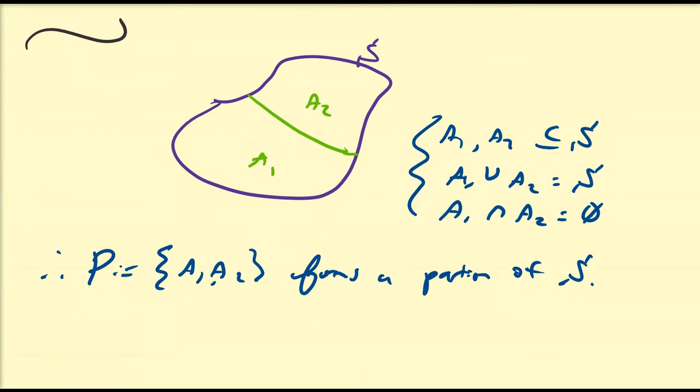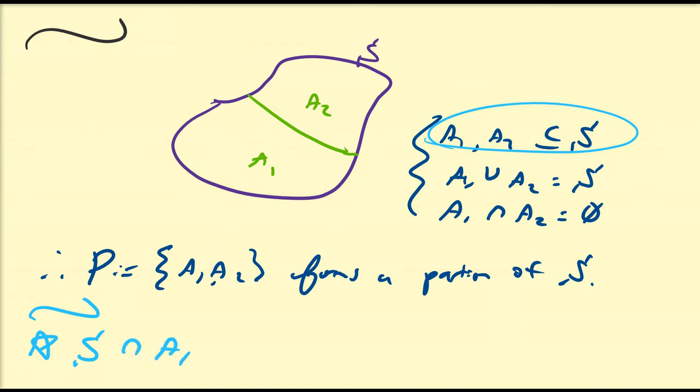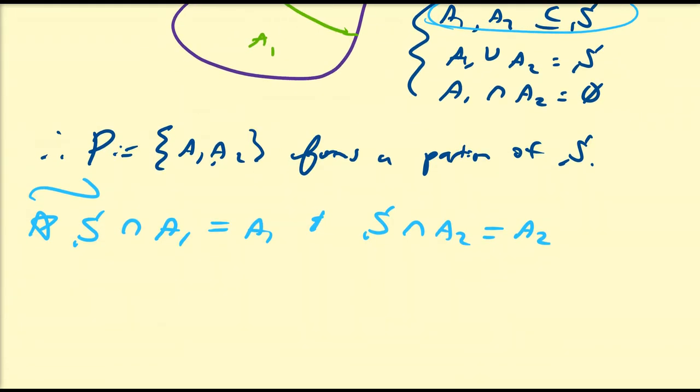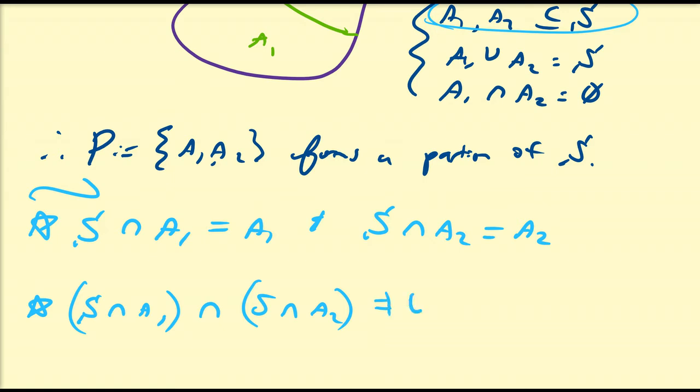Alright, from the first property, we can get a couple of results very easily. Namely, S intersection A1 and S intersection A2. What do you think these are equal to? You should be able to verify that S intersection A1 is going to be A1 and S intersection A2 is going to be A2, provided that A2 and A1 are both subsets of S. Also, from the picture you should be able to easily verify, or if you're familiar with proofs in set theory, that S intersection A1 intersection S intersection A2 must be equal to the empty set.